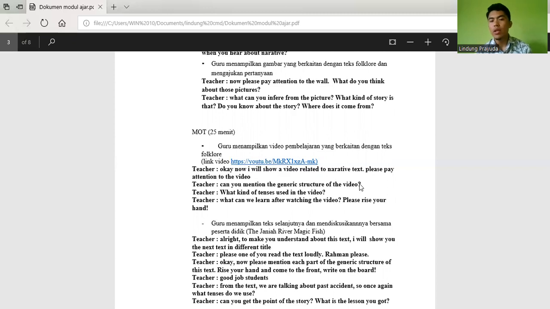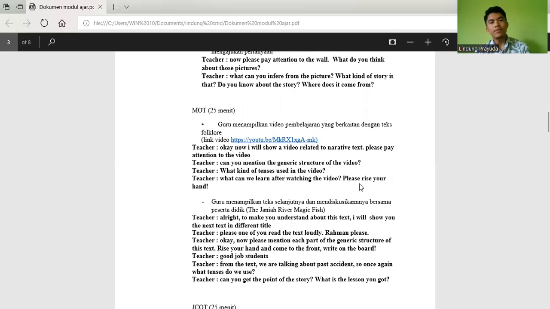And what can we learn after watching the video? Please raise your hand. At this stage, the teacher guides the students to be active in the class, and they will raise their hand and try to speak up based on what they learned, based on what they got.